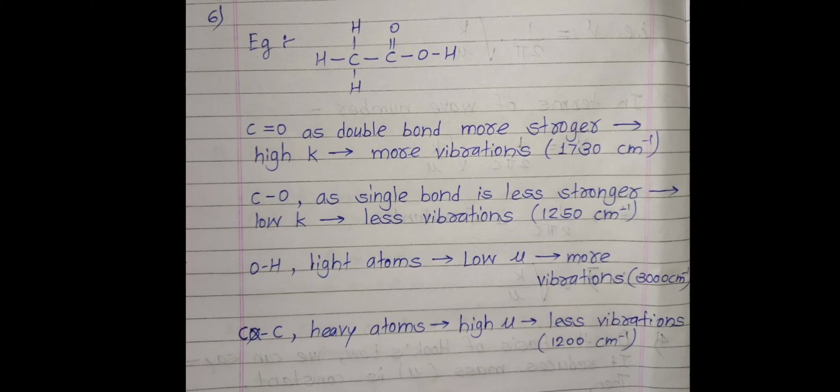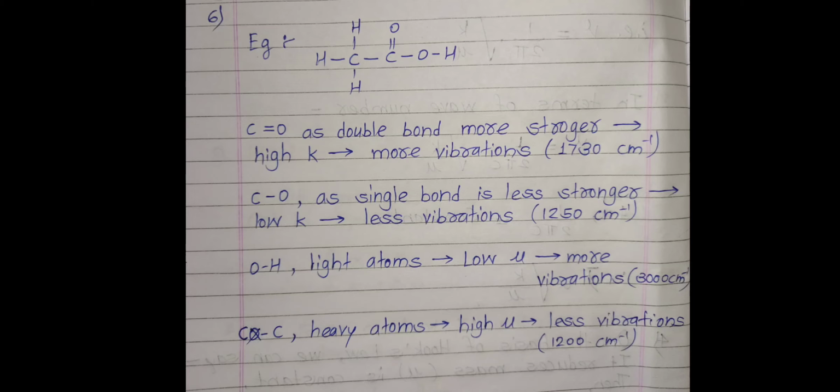When light atoms, we get low reduced mass and more vibrations. Light atoms, low reduced mass, more vibration, and its OH bond is a broad band, and its IR range is 3000 centimeter inverse.